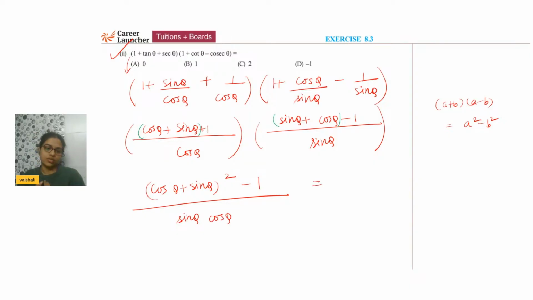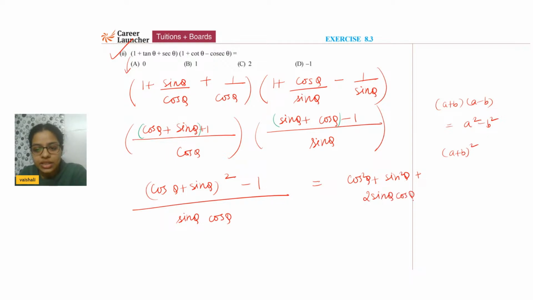Now I can just open the bracket that is here. A plus b whole square, what is it? A square plus b square plus 2ab. So the same we are going to apply here. Cos square theta plus sine square theta plus 2 sine theta cos theta. We also have minus 1 here. In the denominator we have sine theta cos theta.